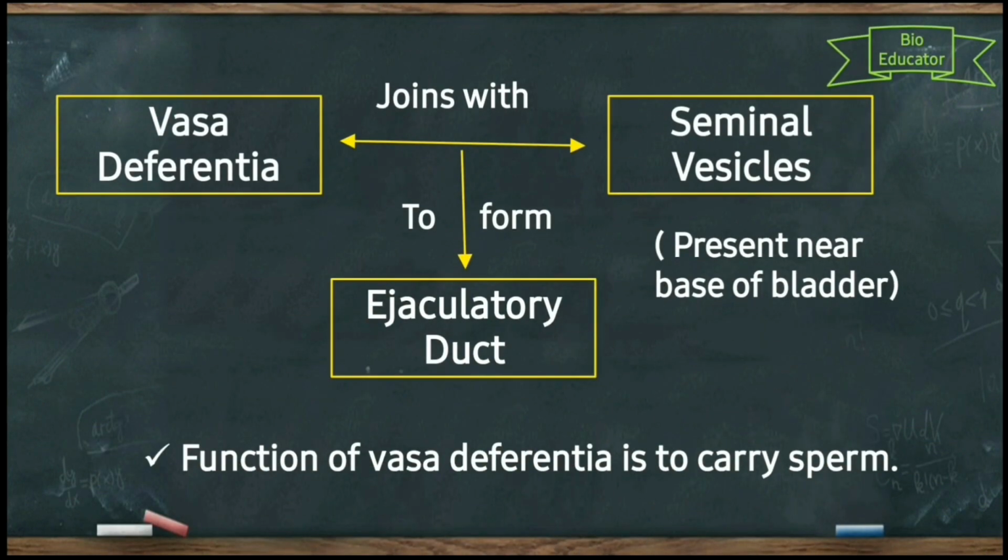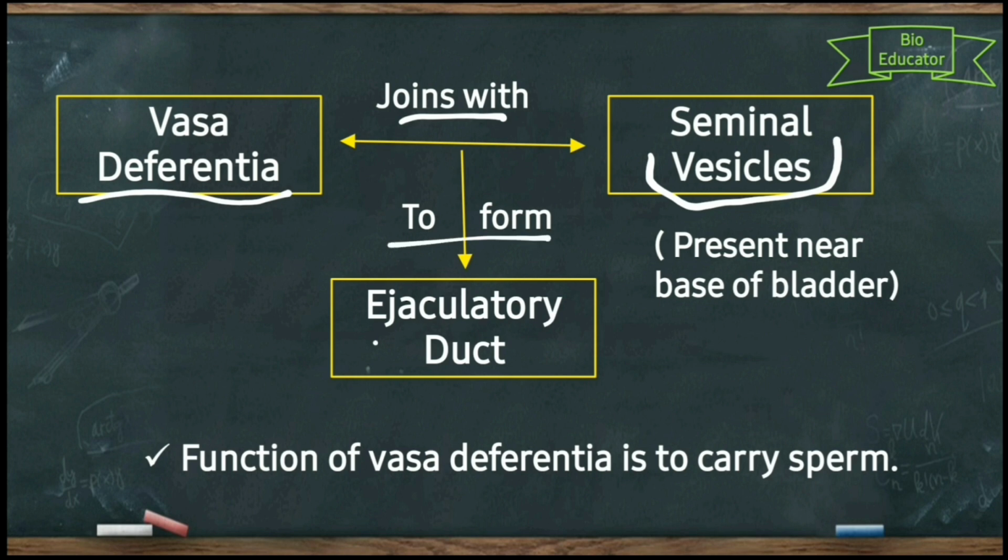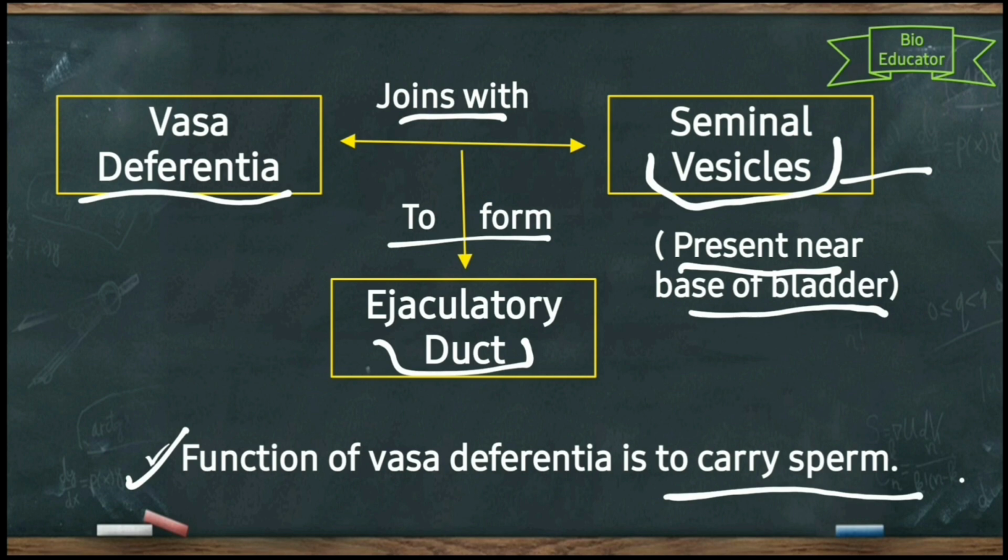In the abdomen, vasa deferentia joins with the duct coming out of the seminal vesicles to form the ejaculatory duct. The seminal vesicles are present near the base of the bladder. The main function of vasa deferentia is to carry sperms.